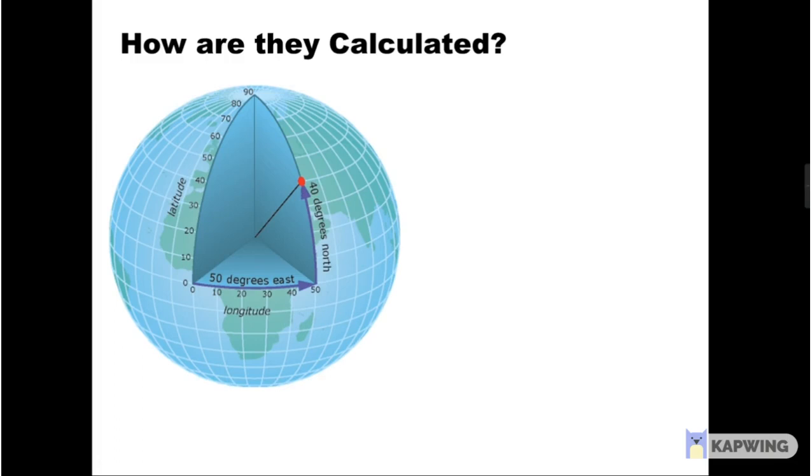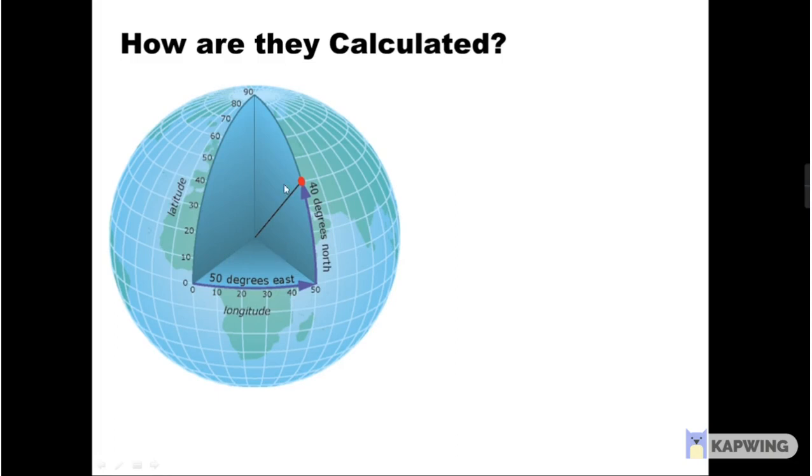And when it comes to the longitudinal value, it is being calculated by keeping this prime meridian as the reference line. So in this case, since this is the meridian on which the particular place is falling, we have to measure the angle between the prime meridian and this desired line. So the angle that is being made between these two lines is 50 degrees.